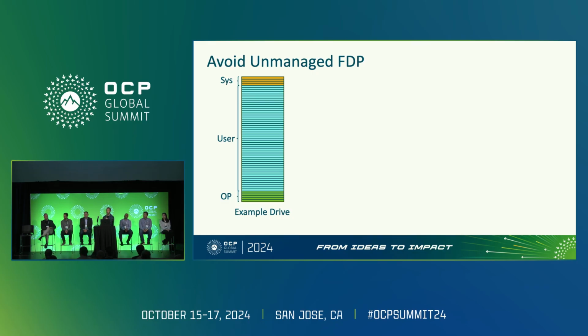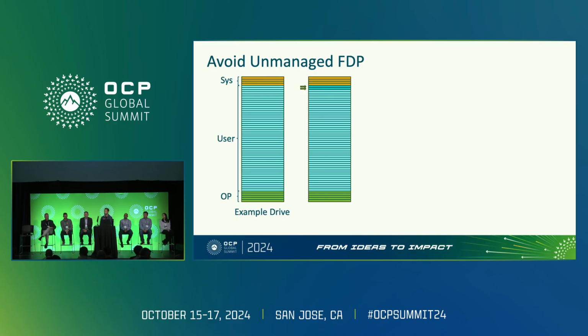For a typical SSD, you've got some small amount of capacity devoted to internal system data, the vast majority of the capacity allocated for user data, and then some additional capacity for over-provisioning, or OP. The OP is used by the SSD to accept new writes when the logical capacity is full, and to perform garbage collection.